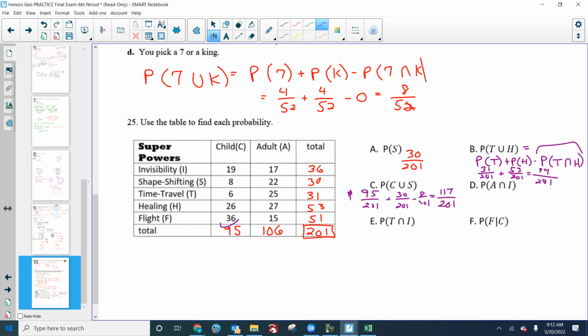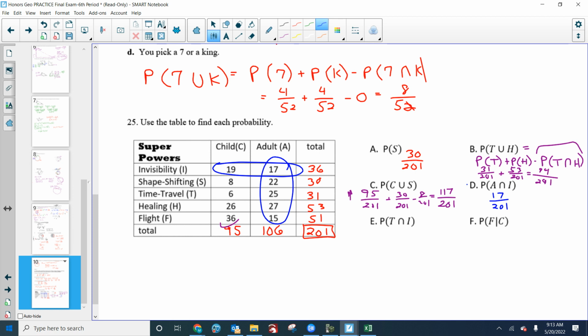I need to change the denominator. You don't need to worry about this if it's a table like this. The easiest way to do "and" probability using a table is to look for where it is both an A and an I. Where is it both? And means both. 17, right? Out of 201. Do you guys understand that?